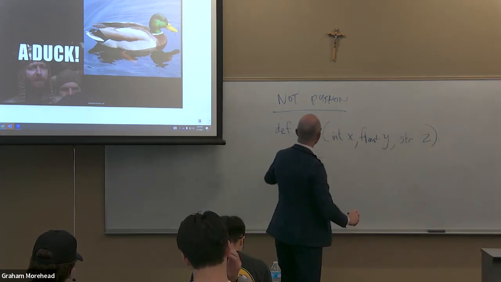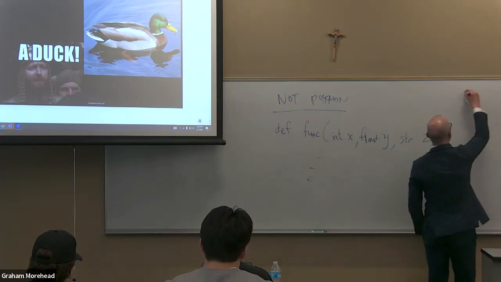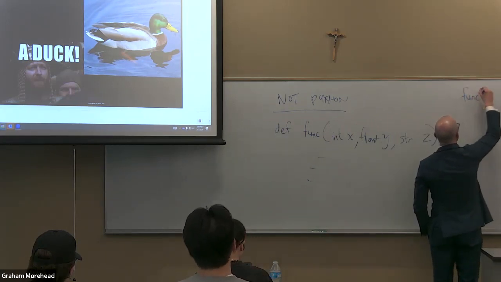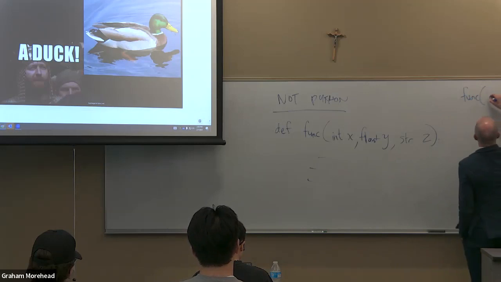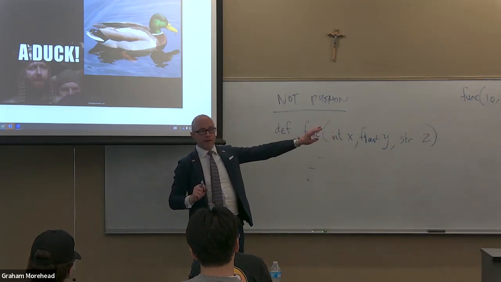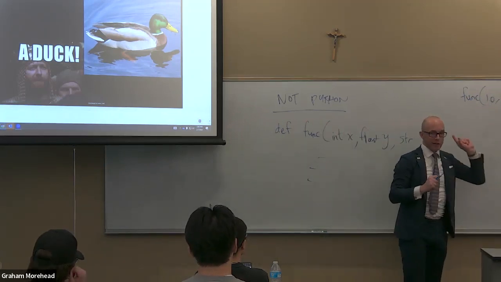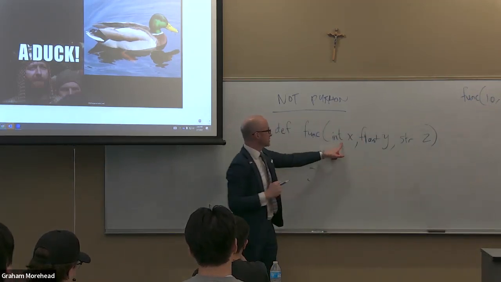Okay. So let's say we had some function like this, and then you call it in a strongly typed language, it will complain immediately because 1.0 is a floating point, not an integer.